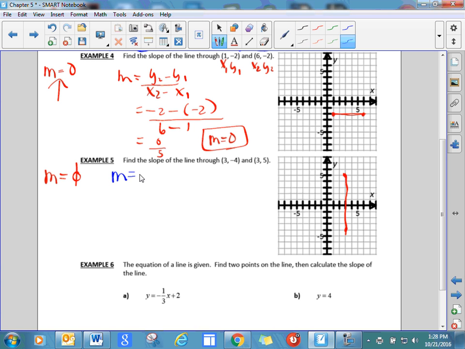M is equal to y2 minus y1 over x2 minus x1. y2 is 5, y1 is negative 4. Be careful with the signs. x2 is 3, x1 is also 3. You can see where you're going with this. This becomes 9 over 0. We cannot divide by 0, so our slope is undefined.